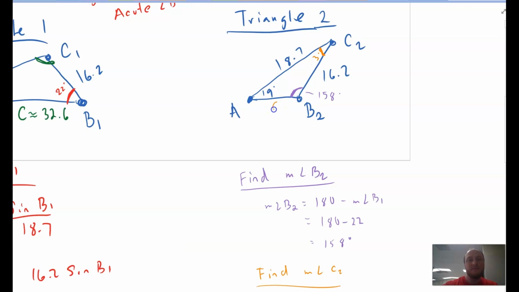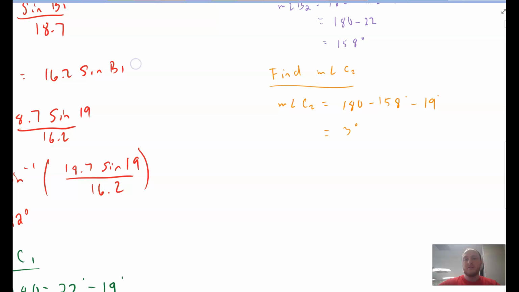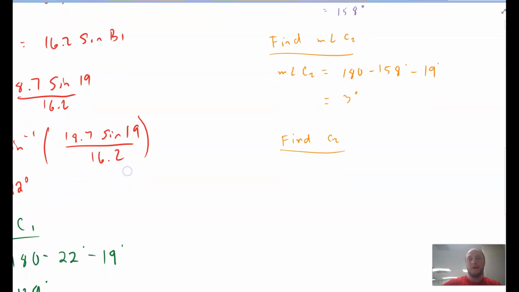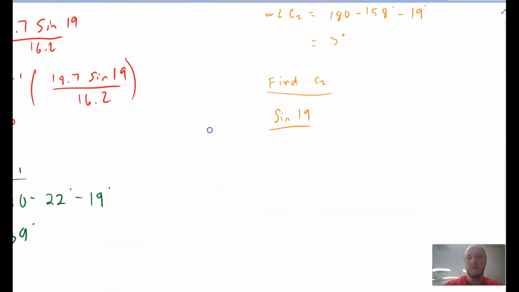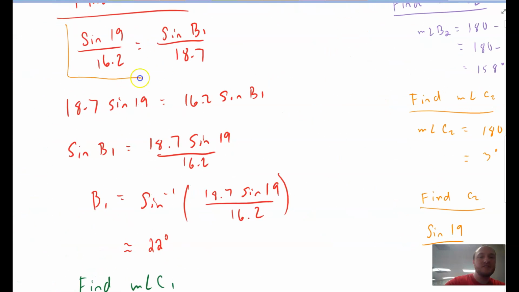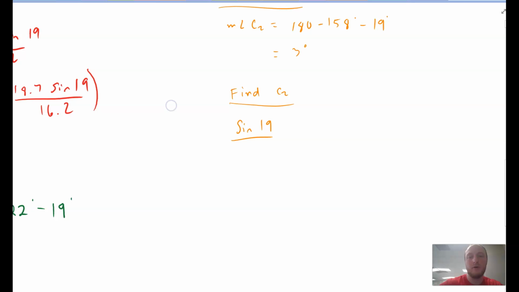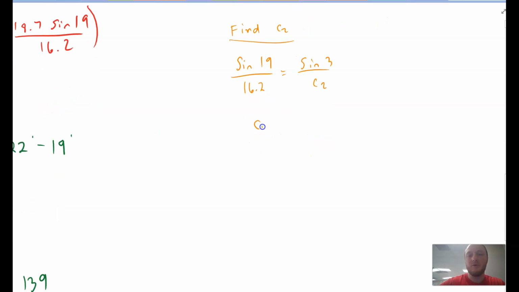So what are we missing? We're missing side C2. So I'm going to find C2. Sine of 19 over 16.2 is what's given. That's that given relationship that you just keep going back to. It's equal to sine of 3 over C2. We'll cross multiply.